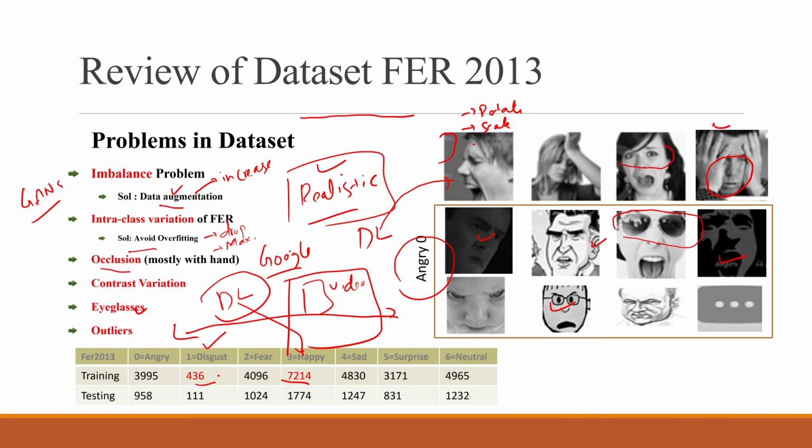The eyes are a very important feature for facial expression recognition. Why? Because in this way we can identify that she's surprised, or maybe feared. Similarly, as it was a realistic dataset with cropped images, some were cropped mistakenly, so there are outliers as well. So the deep learning architecture should be robust enough to tackle all these problems.